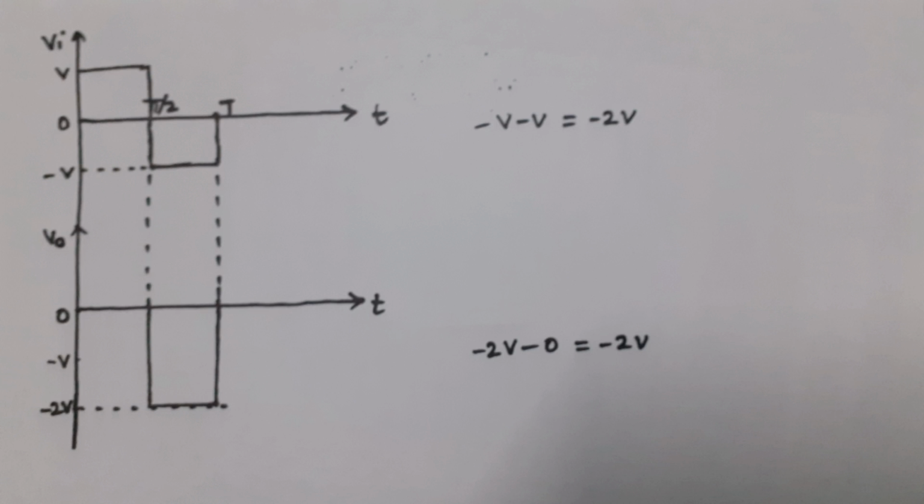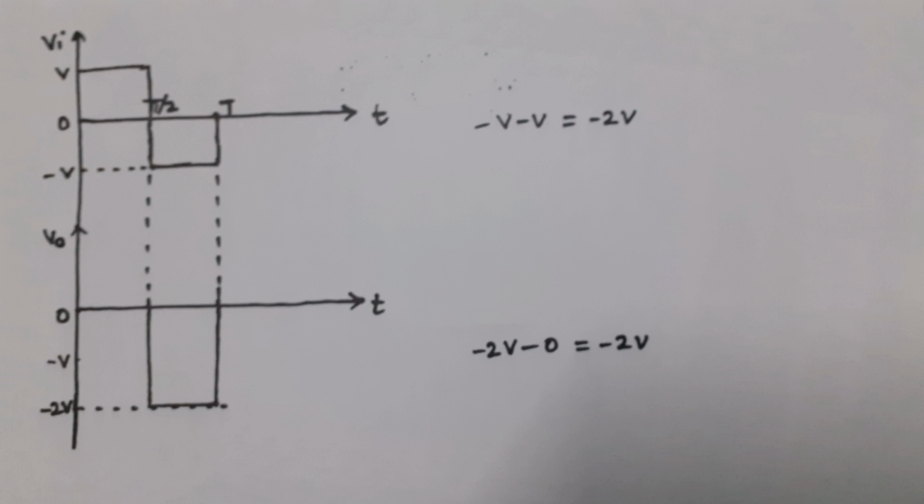So here our DC level of the input waveform is changed in the output, but the overall difference between the input levels, that is minus V to plus V, which is 2V, is also the same in the output, where we have 0 to minus 2V.